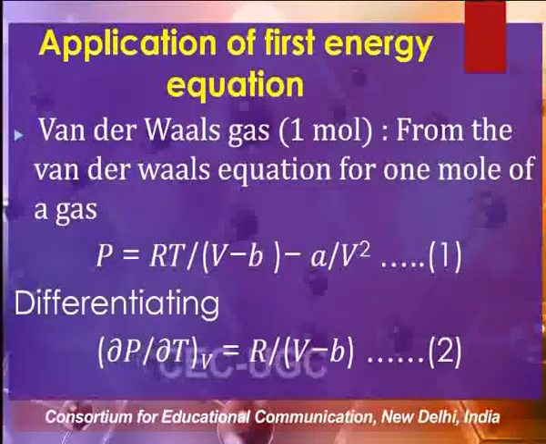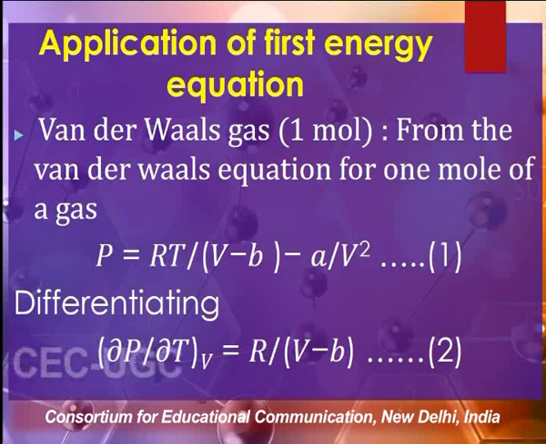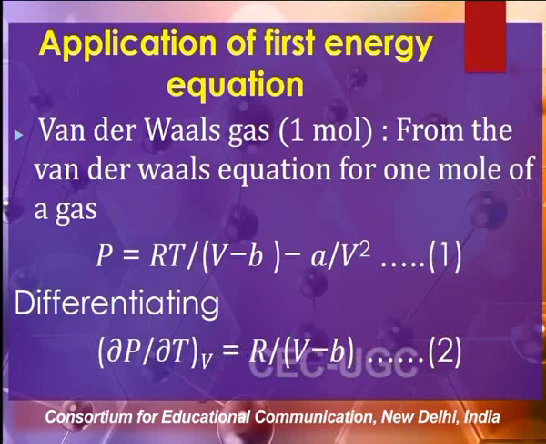Now let me apply the first energy equation to a van der Waals gas. The equation of state for a van der Waals gas after rearranging gives me equation 1, which states that P is equal to RT/(V minus b) minus a/V². Let me differentiate this with respect to temperature at constant volume as before, done for ideal gases, and I get on the right hand side R/(V minus b).